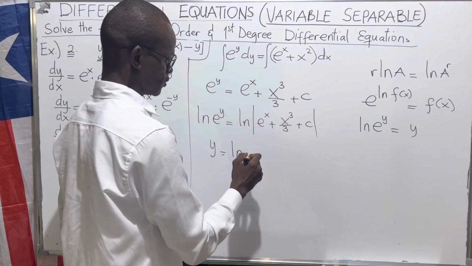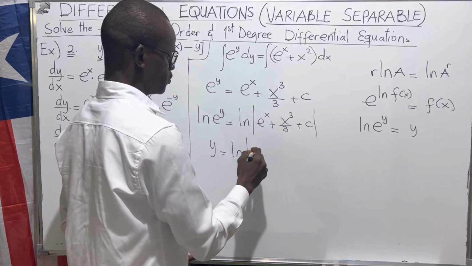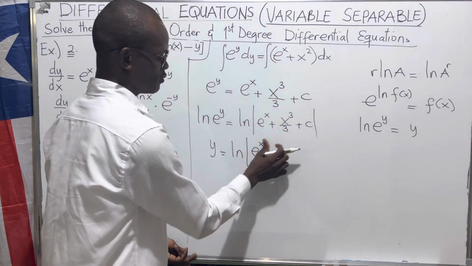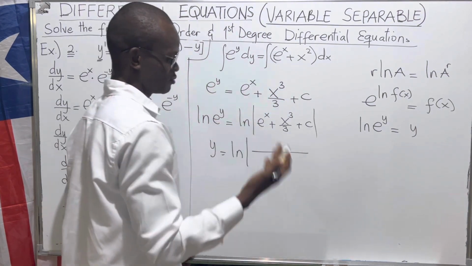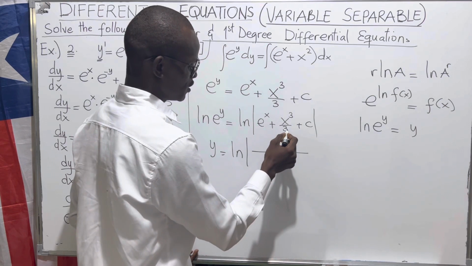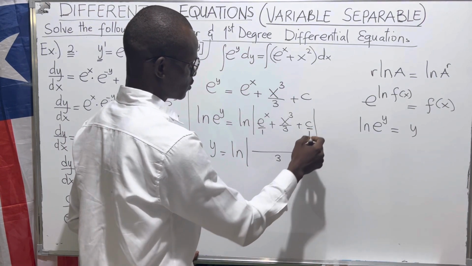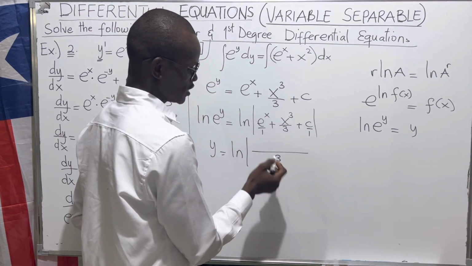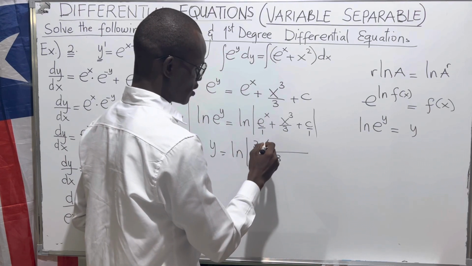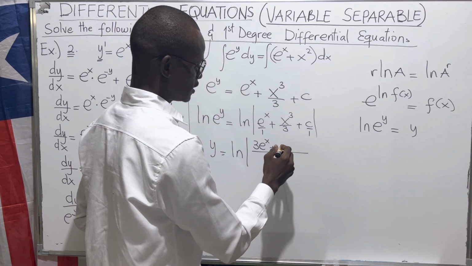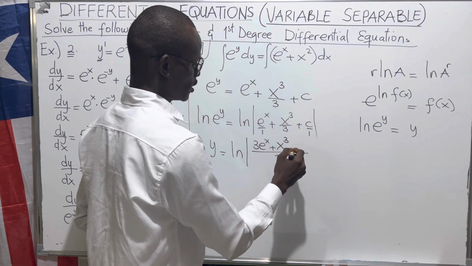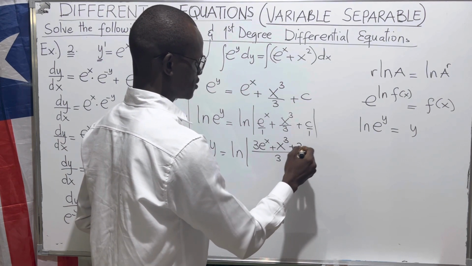And then this is just equal to ln of e raised to the power x. If we want, we can find the LCD for this expression to simplify it further. So 3 times e raised to the power x, plus x cubed, and then plus 3 arbitrary constant.